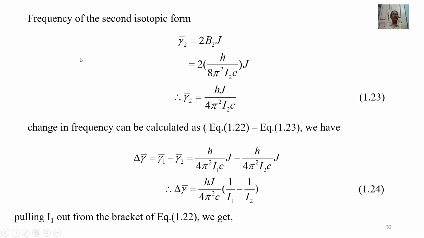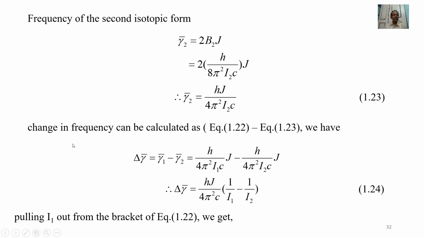Now the frequency of the second isotopic form, nu2 bar, is equal to 2B2J, 2 times h divided by 8 pi squared I2c times J. So nu2 bar equals hJ divided by 4 pi squared I2c.